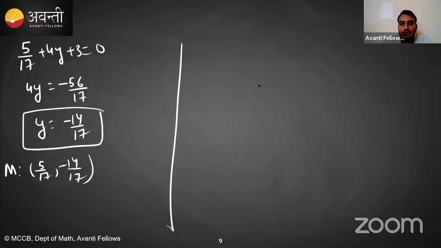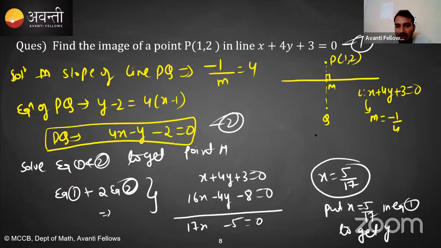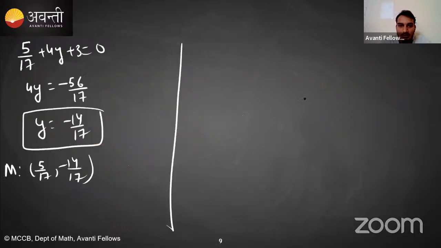Now let's say the coordinates of point Q are h comma k. So the coordinates of the image of point P are h comma k, right?